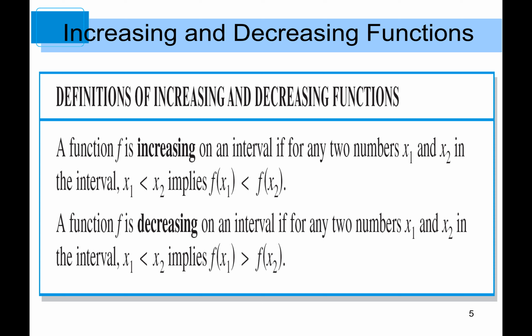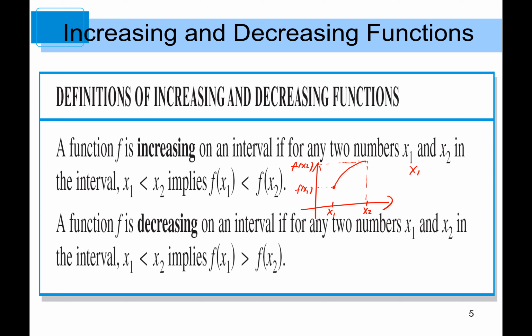A function f is increasing on an interval if for any two numbers x1 and x2. So let's say we have x1 here, x2 right here. So f of x1 is here, this is x2, f of x2 is here.